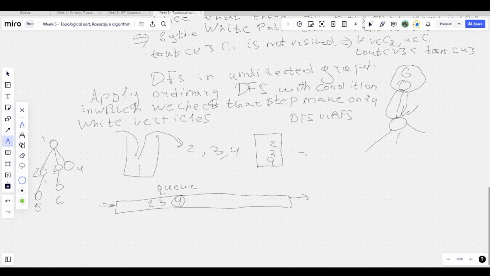In each iteration we put all the children of the vertex in some order. So of course, layer by layer we consider all the vertices.